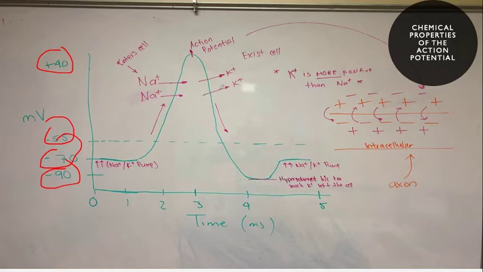And that is because potassium is a much more positive ion than sodium. And when potassium leaves the cell, it makes it so that now you have a negative charge inside the cell, right? So it is because of your periodic table trend and the positivity of this potassium ion that when it leaves, it's able to go back to your resting membrane potential, right?